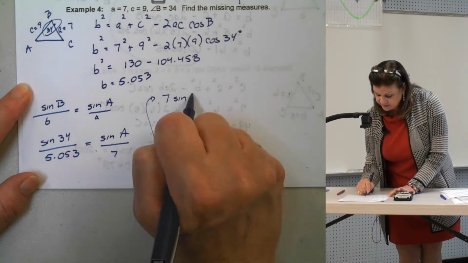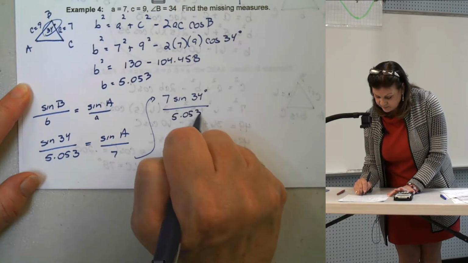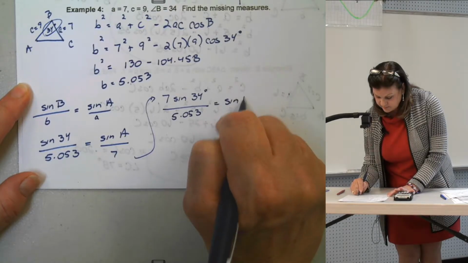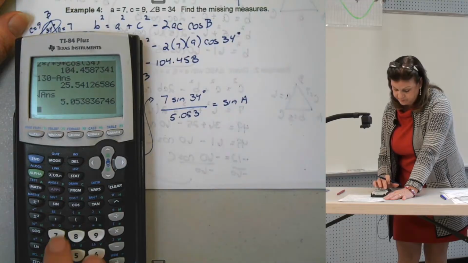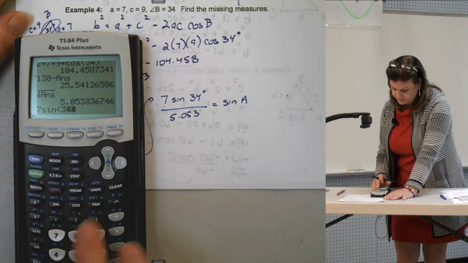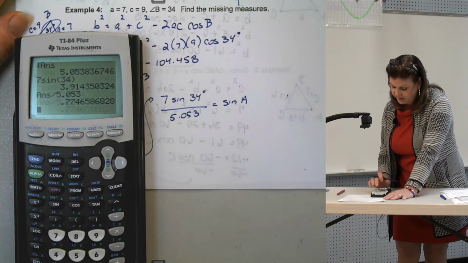Seven sine 34, so here we go. And what angle has that sine?